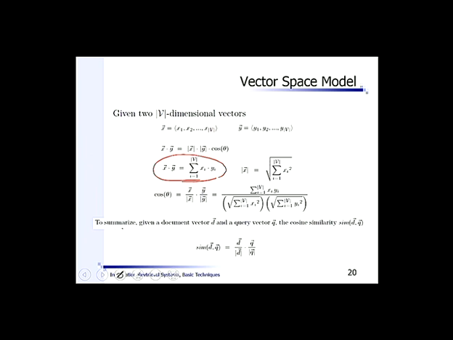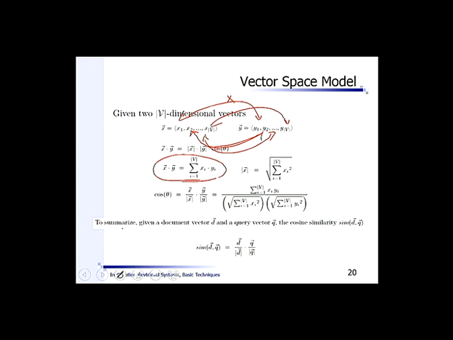It is the sum of the products of all the components in the two vectors. So we multiply x1 and y1, then x2 and y2, then x3 and y3, and keep doing it till the last term.